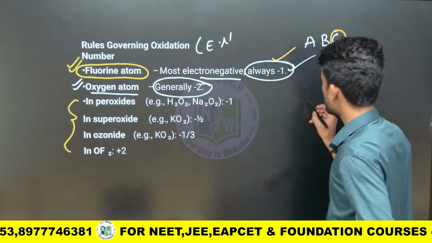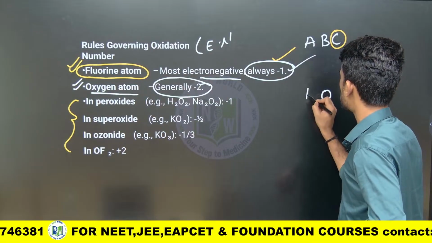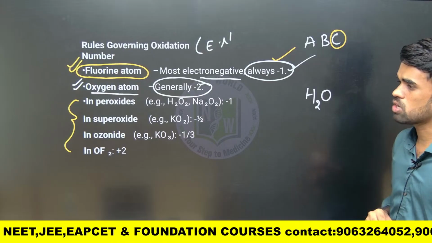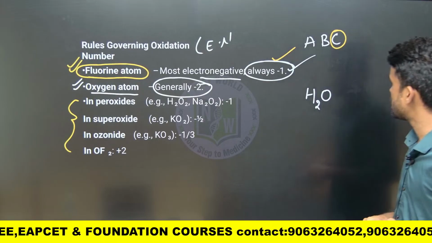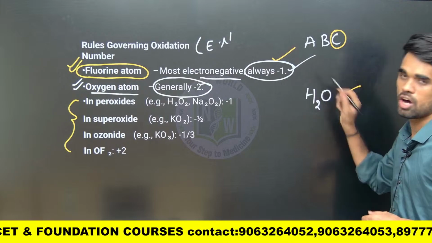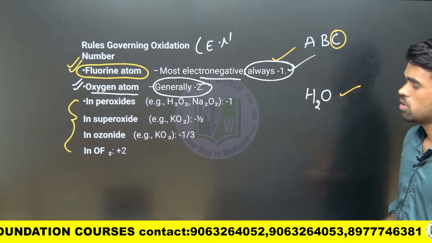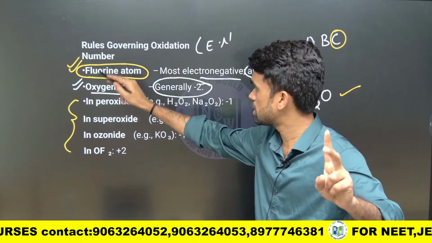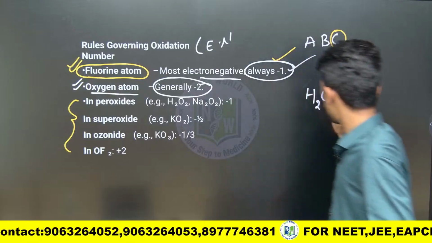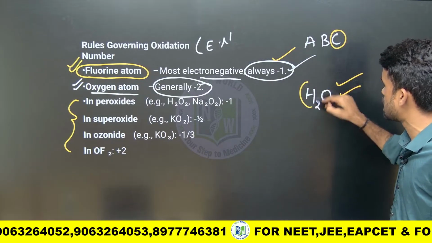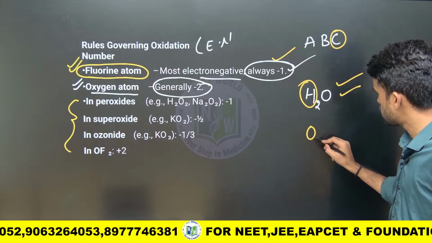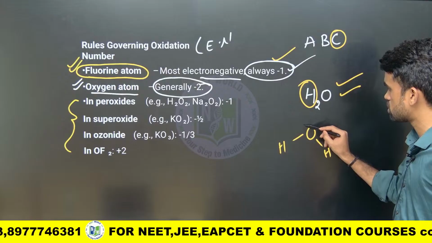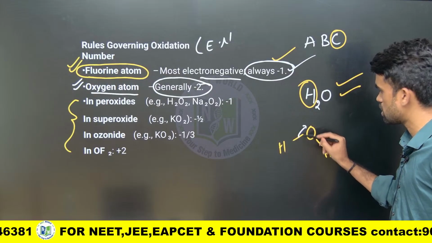Hope it is clear. Now I will be telling you why it is not with itself, because these are the 3 other scenarios you need to know. So now what I told you, let us say oxygen is attached with hydrogen atoms. Let us say it is forming a water molecule. Now what is the oxidation state of oxygen in this compound? I told you fluorine is the first most electronegative element in the periodic table, after that oxygen. It means oxygen will definitely be more electronegative than hydrogen. So the electronegative atom here is oxygen, so these bonded electrons are taken towards oxygen.